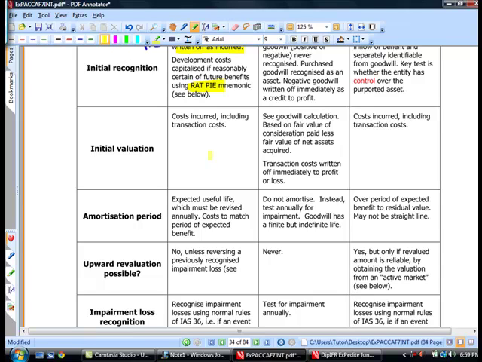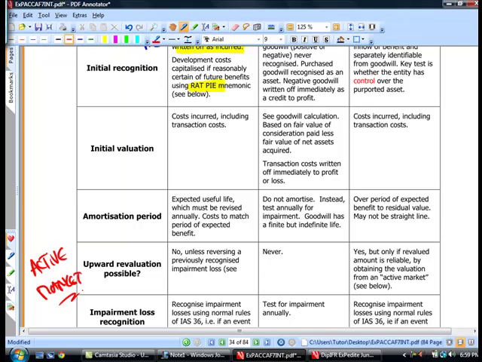Why can we choose revaluation as a possible accounting treatment for intangible assets? The standard IAS 38 says we have to have a reference to an active market when we talk about the revaluation of intangible assets.